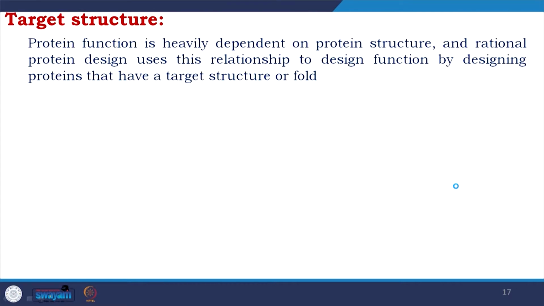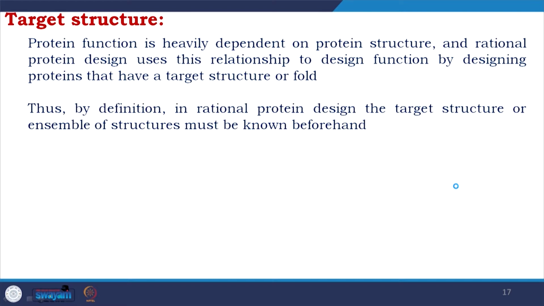So, coming to target structure, protein function is heavily dependent on protein structure, as we have talked thoroughly in the course, and rational protein design uses this relationship to design function by designing proteins that have a target structure or fold. Thus, by definition, in rational protein design, the target structure or ensemble of structures must be known beforehand.